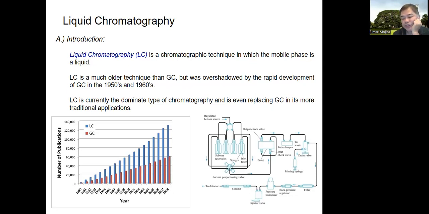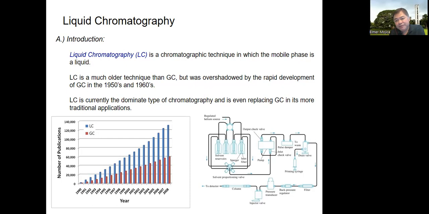It's an older technique than GC, but GC became popular first, in the 1950s and 1960s, compared to LC. But right now, LC is the most dominant.